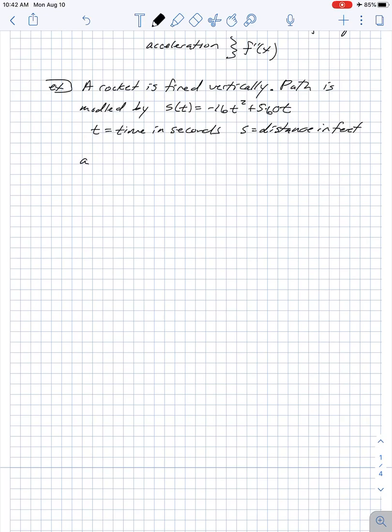So the question is asking first, what is the velocity 3 seconds after being fired? Physics was not my forte. I'll tell you what got me through physics was labels.